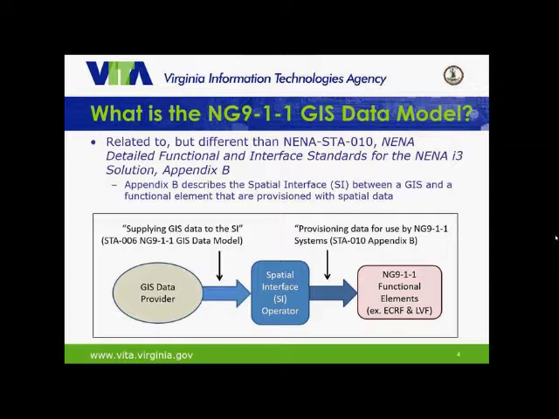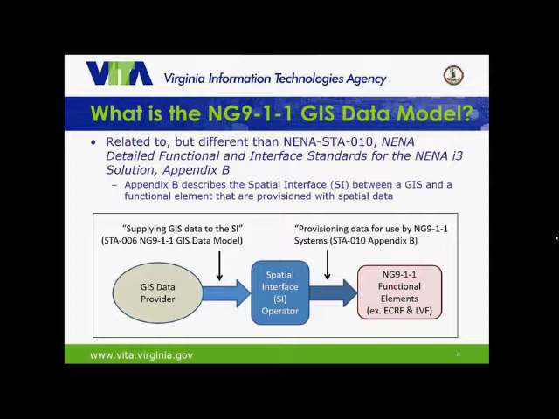That Appendix B talks about how, say, a 911 vendor in NextGen would have to store and use that data. The GIS data model talks about how data is to be provided from a locality or from a PSAP to something called the spatial interface and to a spatial interface operator.